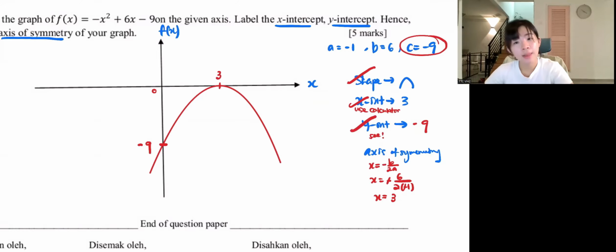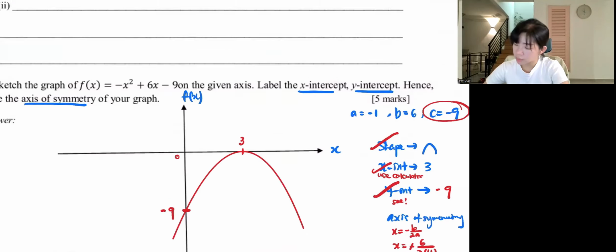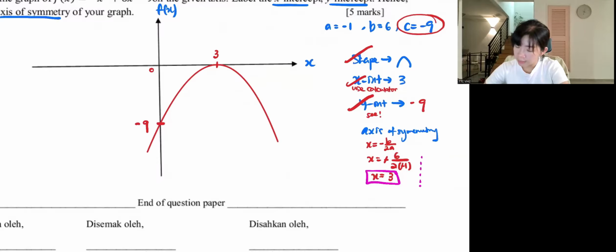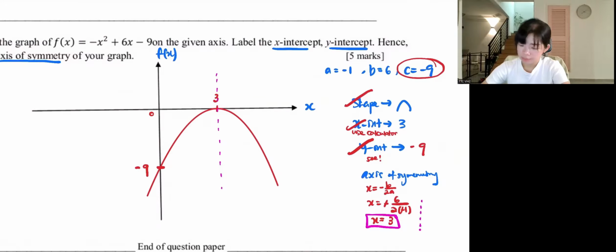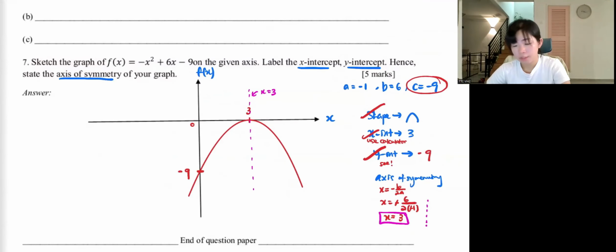So this one is done. The axis of symmetry means the center. Did we draw exactly the middle? We found that x equals 3. x equals 3 means it's a vertical line touching 3. So this is exactly the axis of symmetry. So here, this one equals 3.